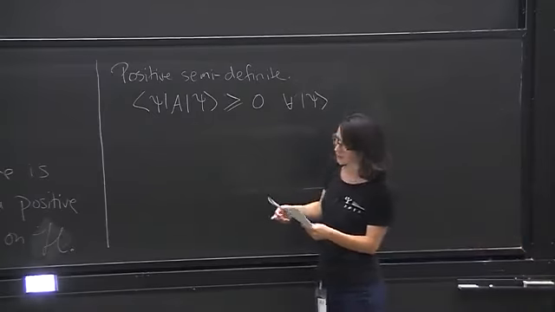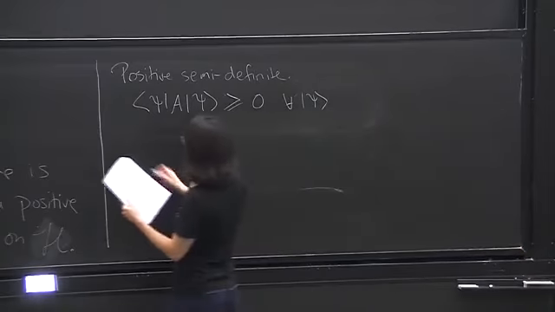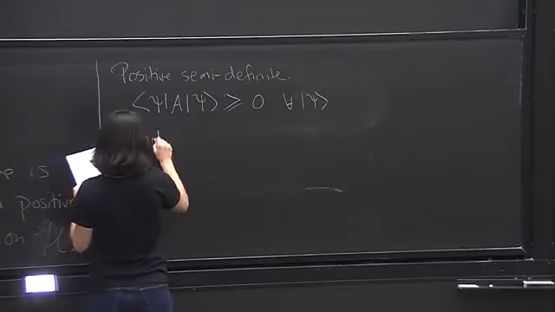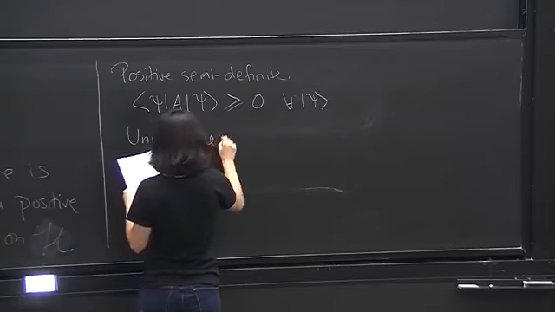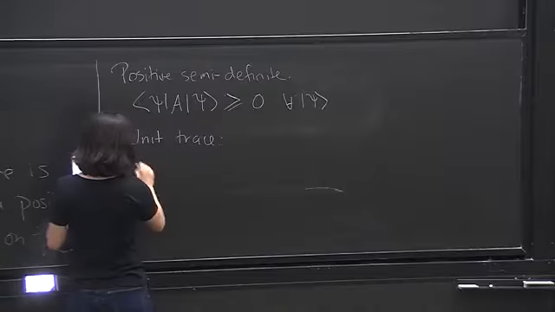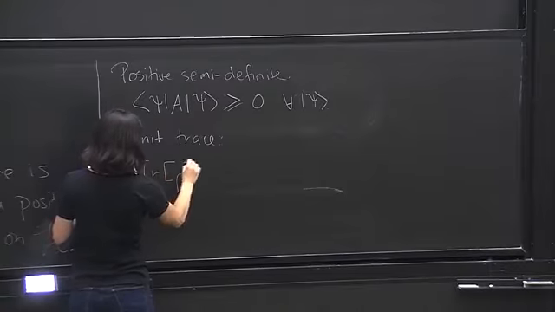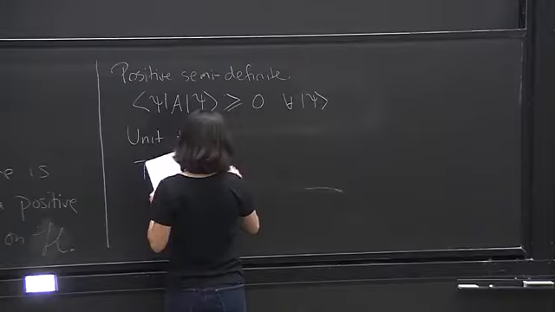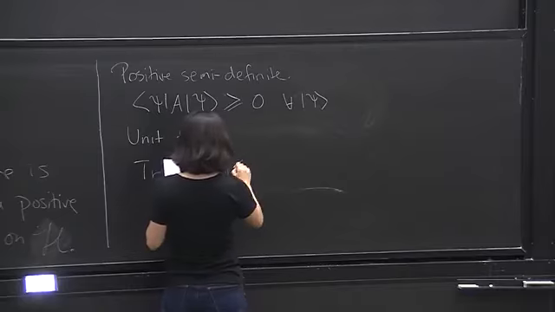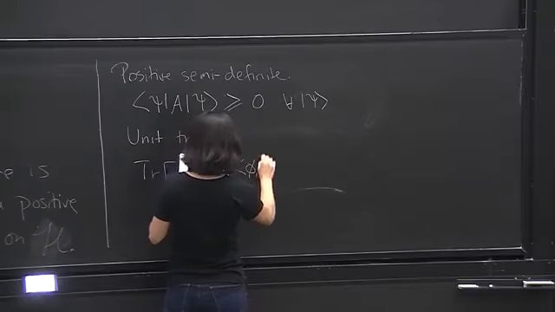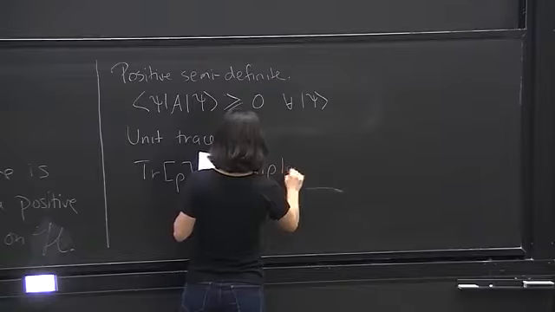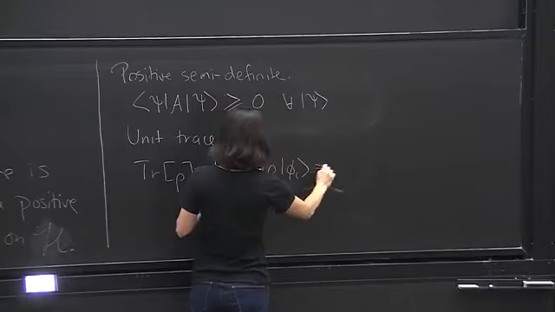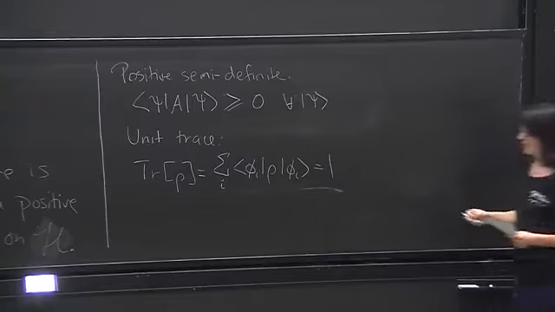And trace 1 just means that the trace of rho, which I can write in a basis spanning the Hilbert space, is equal to 1.